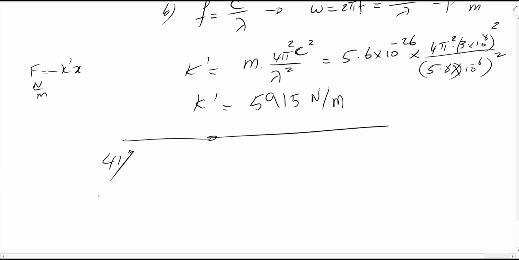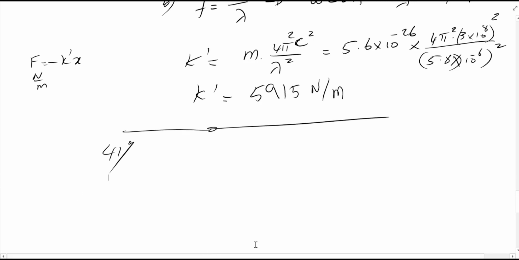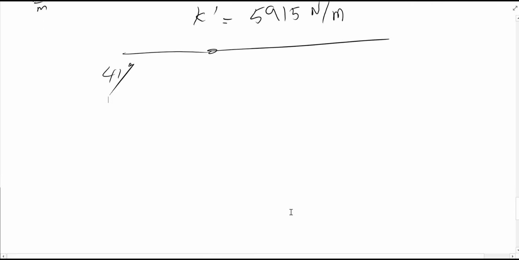For problem 41, basically they gave us a particle of mass m in a one-dimensional box that has the following wave function in the region between 0 and L. So they gave you the wave function, a combination of two stationary states, and it's normalized.